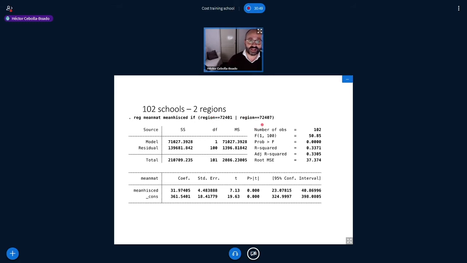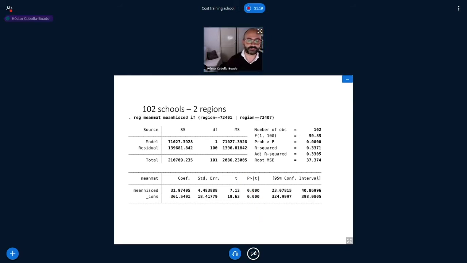We are restricting the analysis to these two regions, but we are estimating them jointly. There's nothing in this model that actually reflects whether one school belongs to one or the other region, so they are pooled together. You can see here that the number of cases is 102, 51 and 51. There is a positive effect of parental education, and there is a positive, as expected, constant, and these two effects are significant.